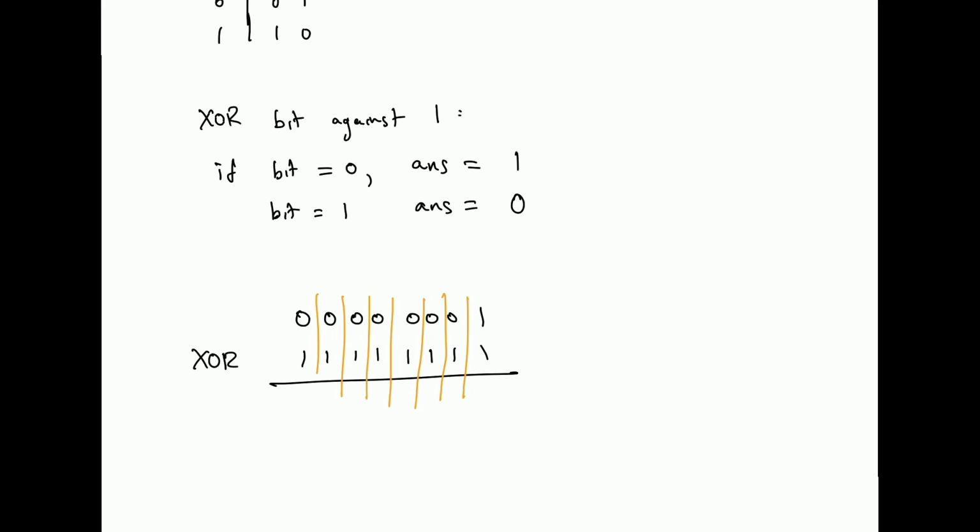Okay, so addition, you know how you have to carry and stuff, right? There's no carrying with XOR. You just do it first bit with first bit, second bit with second bit, third bit with third bit, and so on. So if the bit on the top number is a 1 and I XOR it against a 1, what am I going to get? And then what am I going to get for all the other 7 bits? Which is exactly the flipped version.